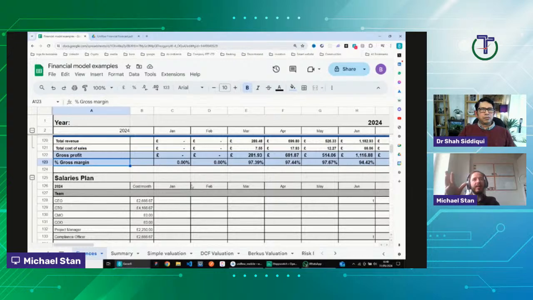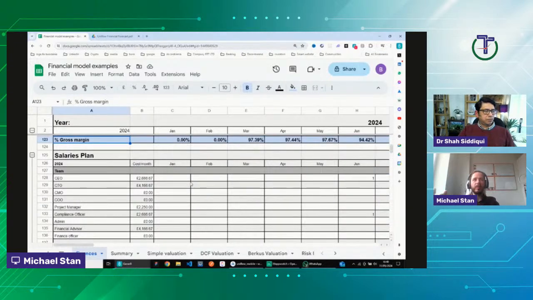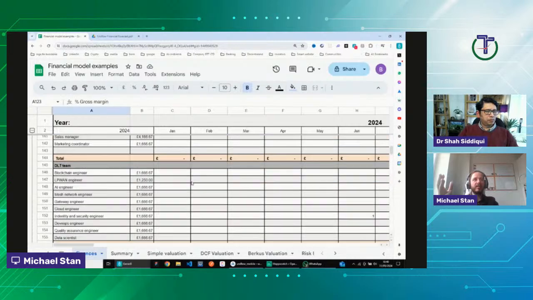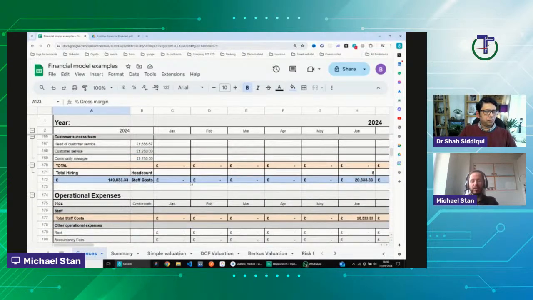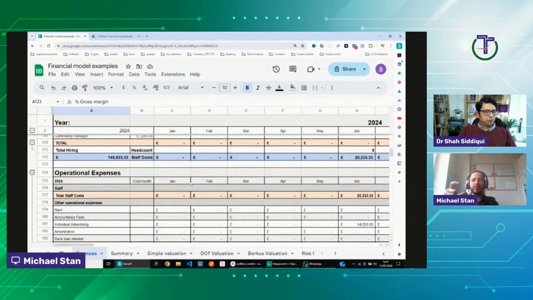Then we're going into operational expenses, and one of the main operational expenses, as I mentioned already, is salaries and wages. They are one of the largest costs of any business, and that's why unfortunately you can see that a lot of tech businesses at the moment have been letting go a lot of people, because that is one of the main costs of their business.